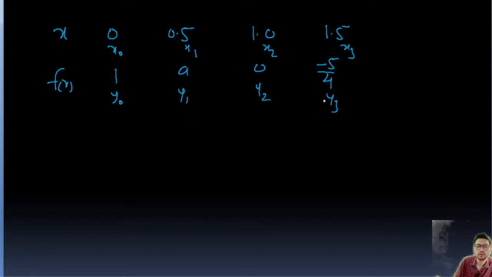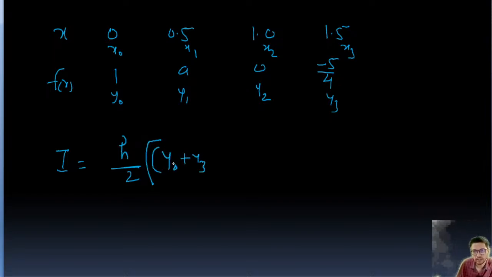You can check my mathematical physics lecture, guys, where you will get a detailed analysis of the trapezoidal rule and Simpson's 1/3 rule. Now we know I by the trapezoidal rule is h/2 into (initial plus final, that is y0 plus y3) plus 2 into the remaining, that is 2 into (y1 plus y2). This is by the trapezoidal rule.